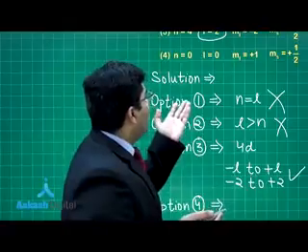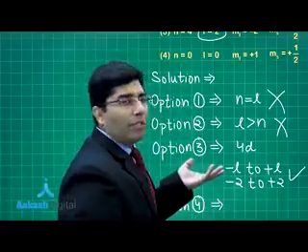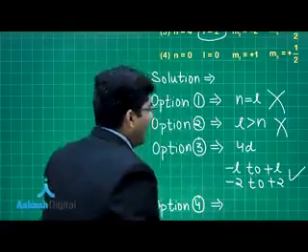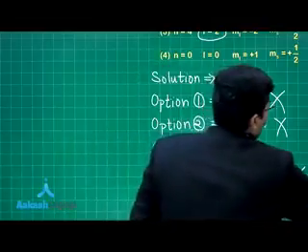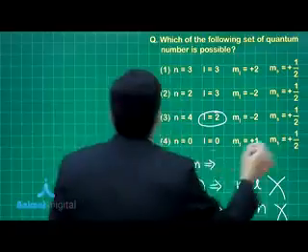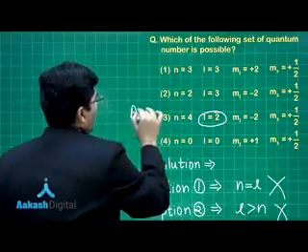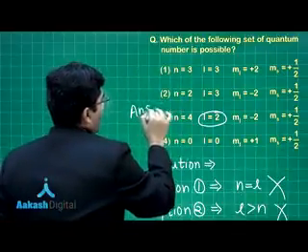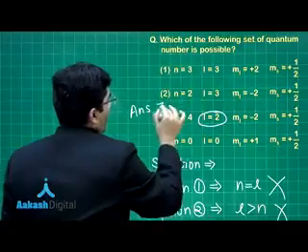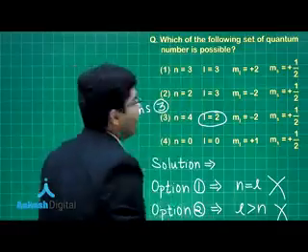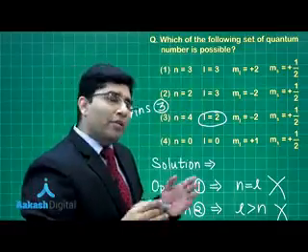It's not possible. L is equal to 0 is not possible. So this option is absolutely wrong. So our answer is the third option. So the answer is option number 3. Right? Let's solve some more questions.